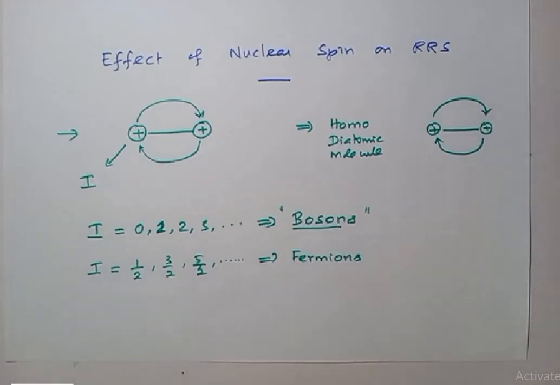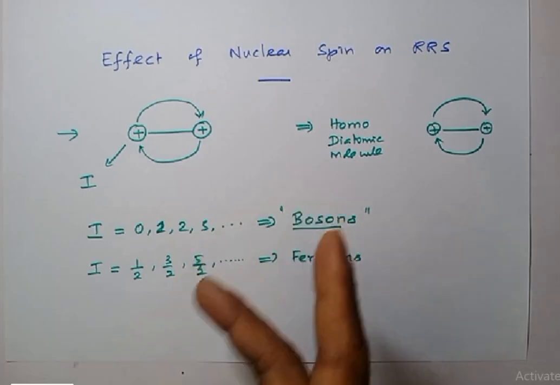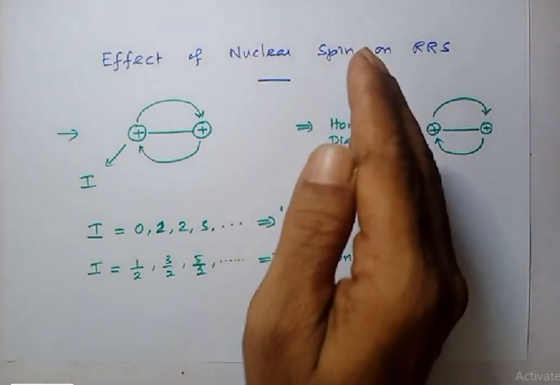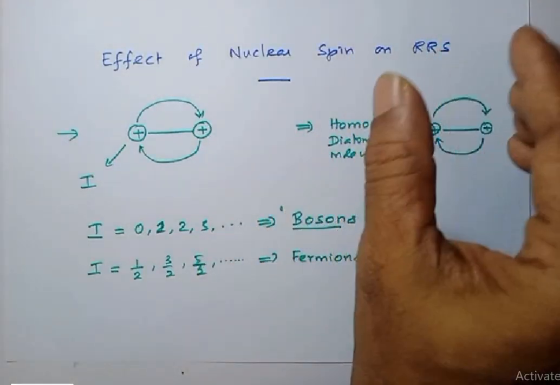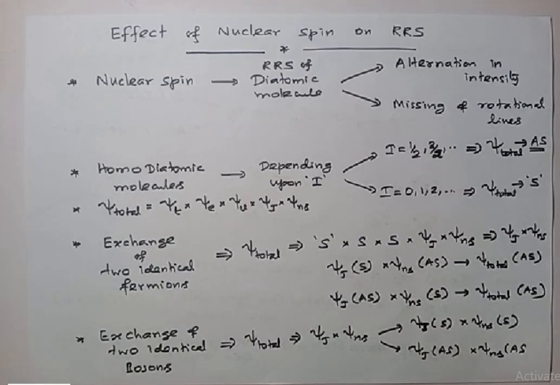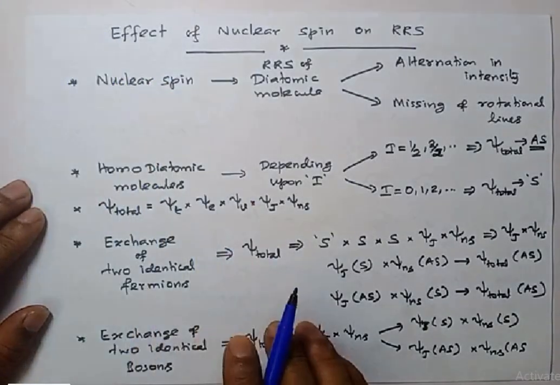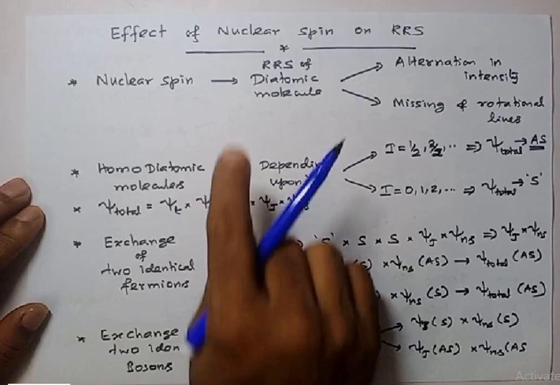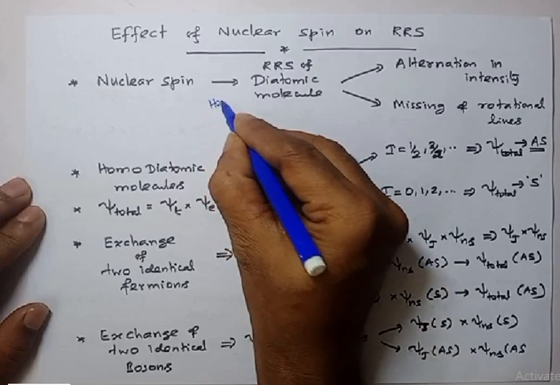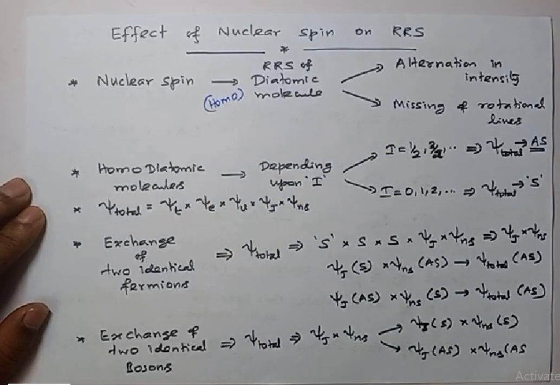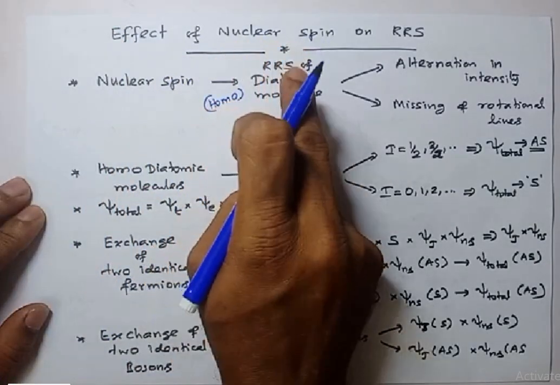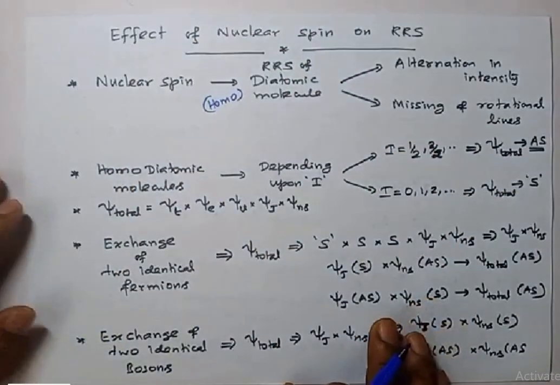And listen carefully, this exchange of identical bosons or identical fermions affects the rotational Raman spectrum of the diatomic molecule, right? The presence of nuclear spin affects the rotational Raman spectrum of diatomic molecules, very specifically homodiatomic molecules.